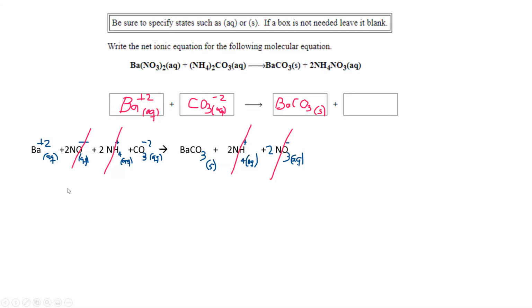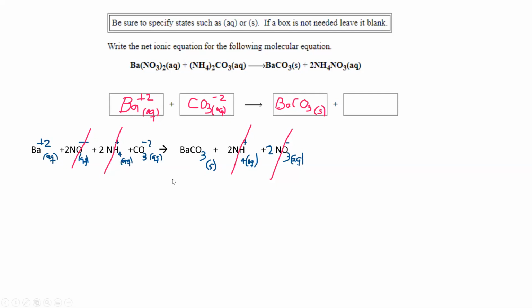And then you cancel out the ions that are the same in the products as in the reactants. This is the case of nitrate and ammonium. They are spectators in the reaction. They remain the same in the reactants as in the products.